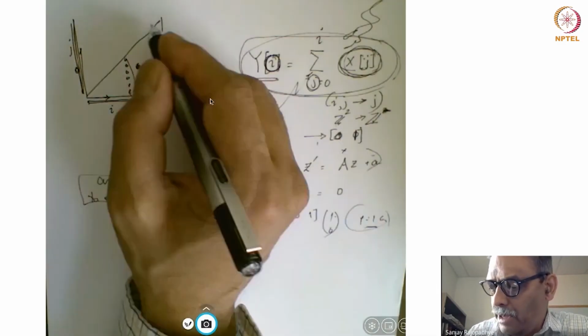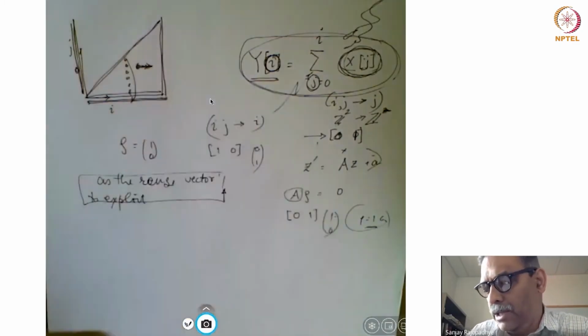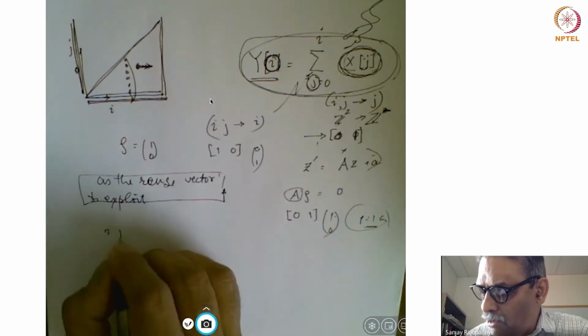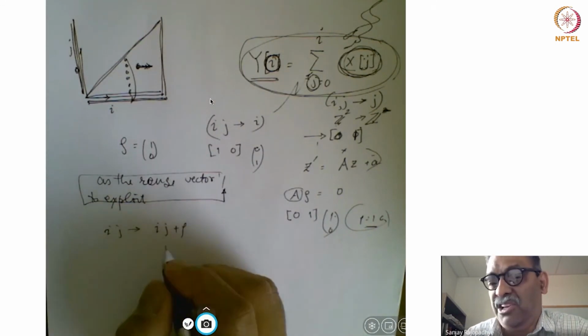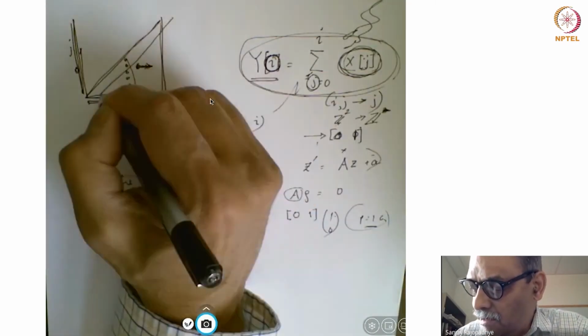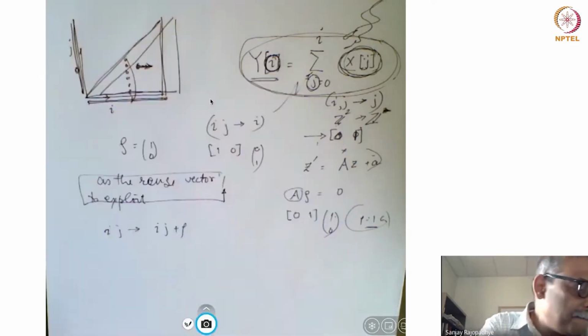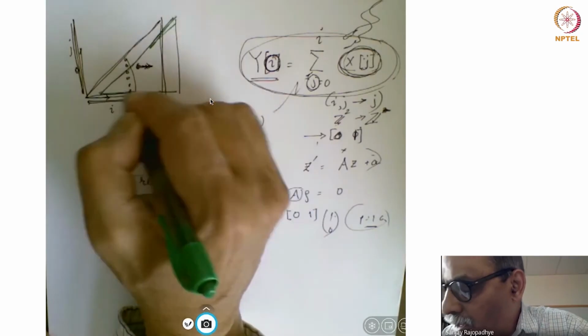You take this triangle and you compute its image by the mapping (i, j) goes to (i, j) plus rho. Translation by rho. That means you compute this. I'm going to change the color. I'm going to draw this shifted one in a new color.